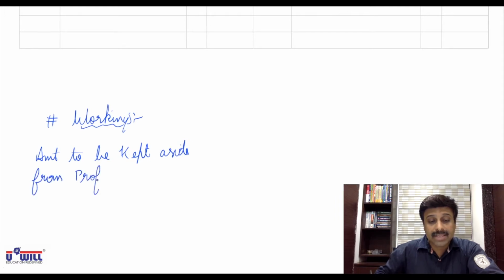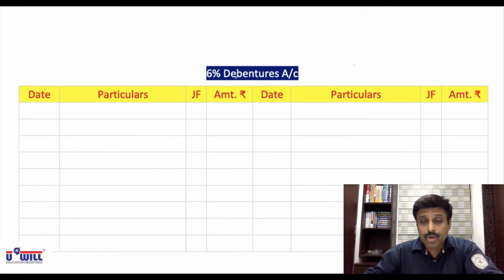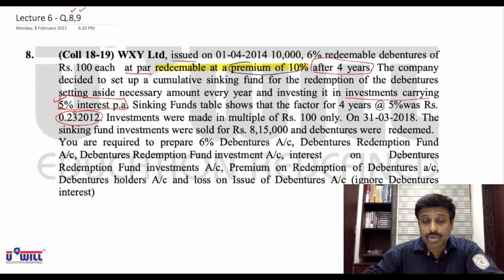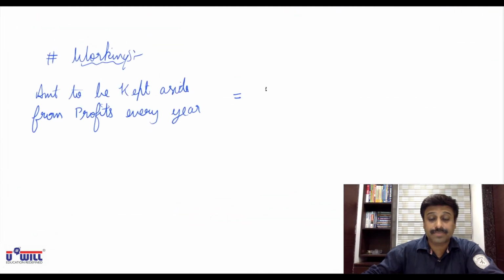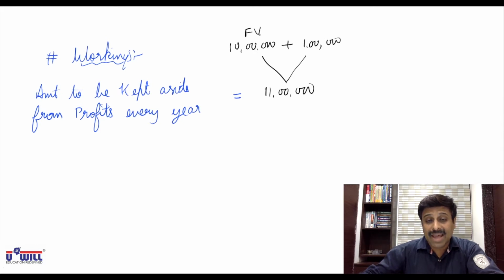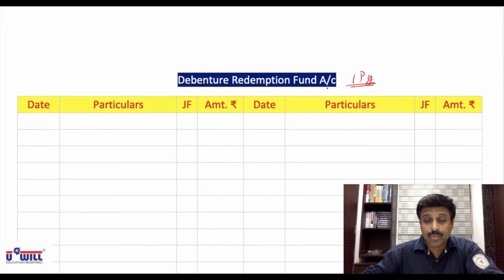Amount to be kept aside from profits every year is equal to, now here you always include the amount of premium on redemption also, because what we have to pay to debenture holders is 10,000 into 100, 10 lakhs, plus premium of 10,000 into 10, 1 lakh, so 11 lakhs. 11 lakhs is what we have to pay to the debenture holders. 10 lakhs towards the face value, plus 1 lakh towards the premium.